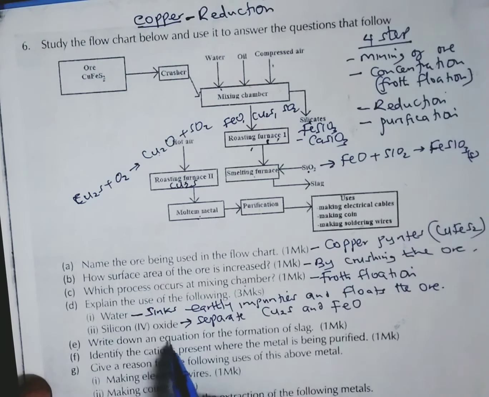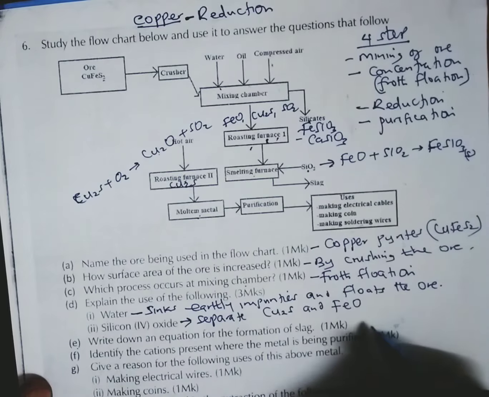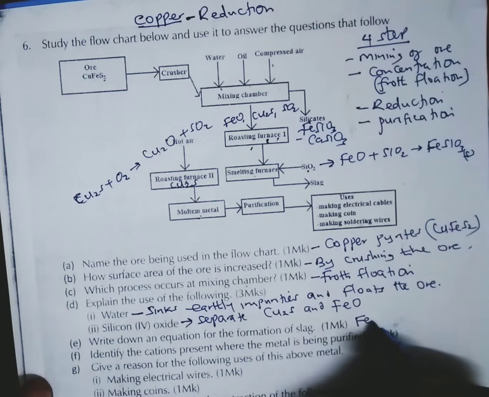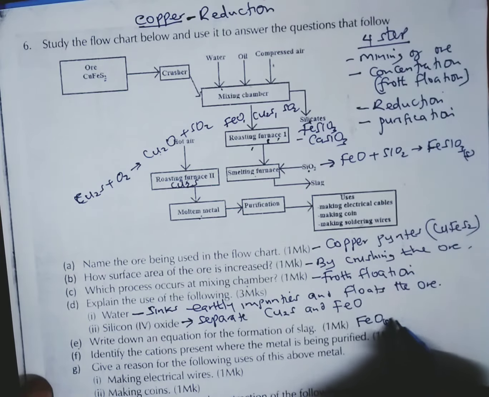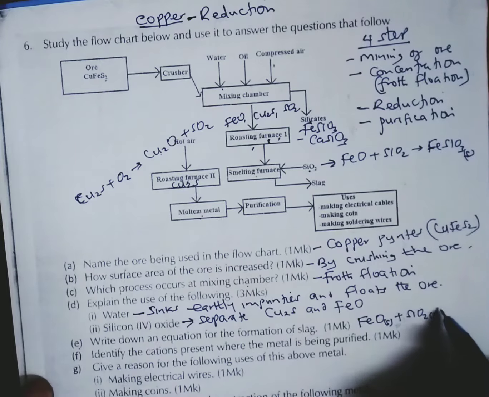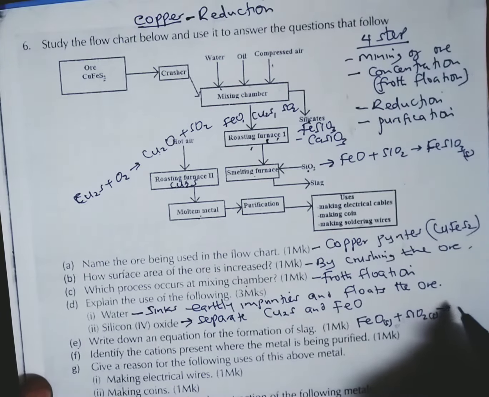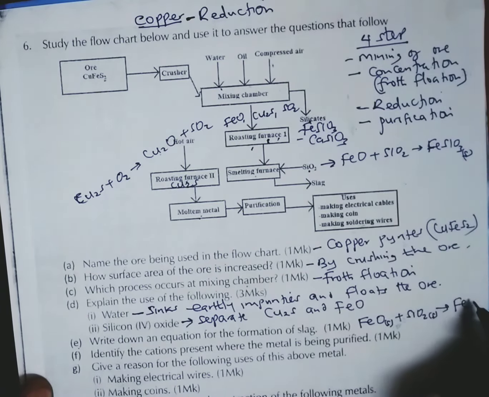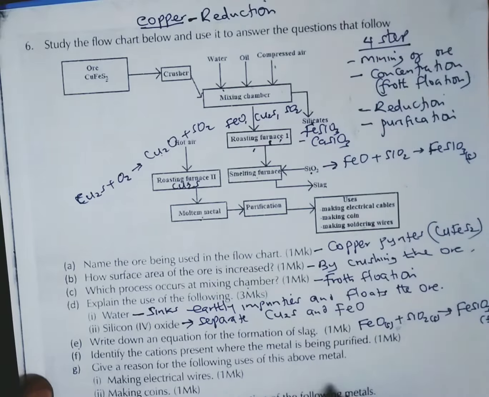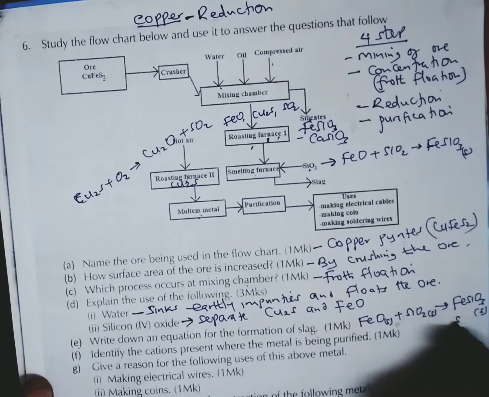Write an equation for the formation of slag. Slag is formed as a result of the reaction between iron 2 oxide and silica, which is silicon 4 oxide, and this one gives us FeSiO3, which is iron 2 silicate or slag.